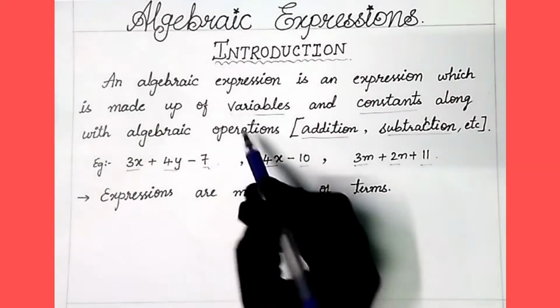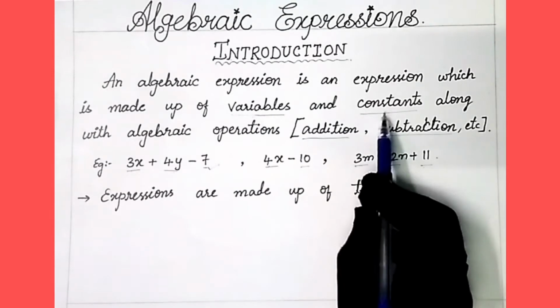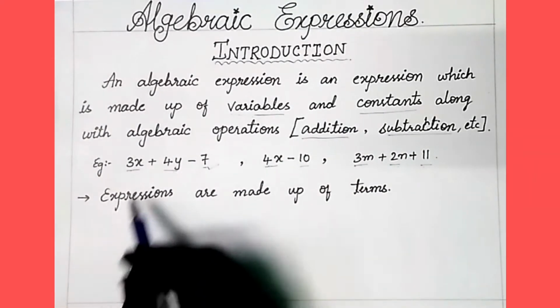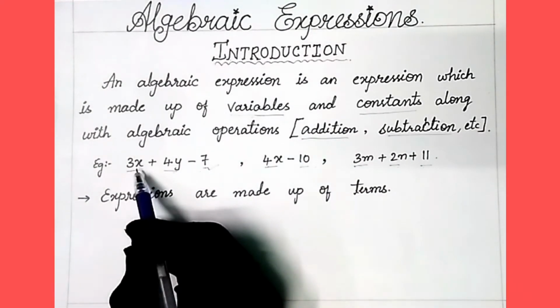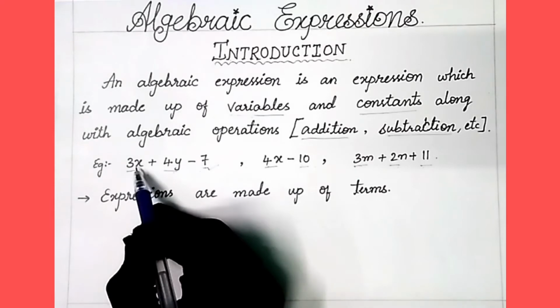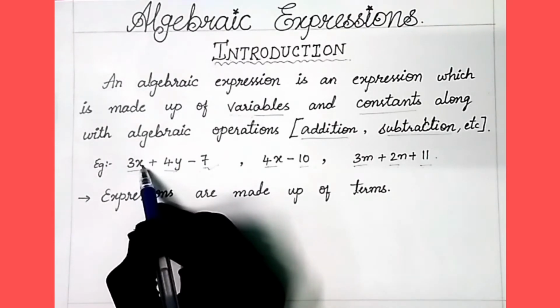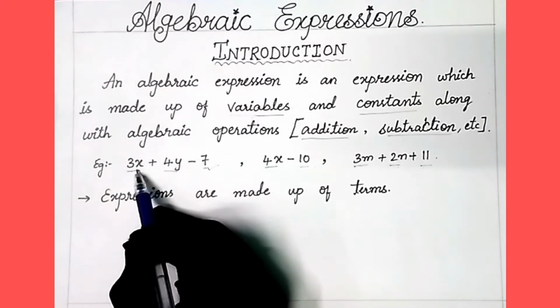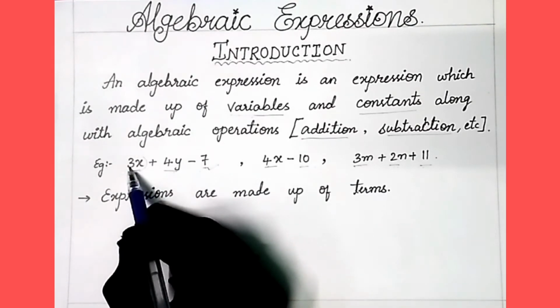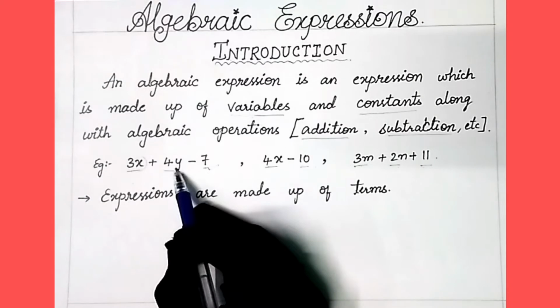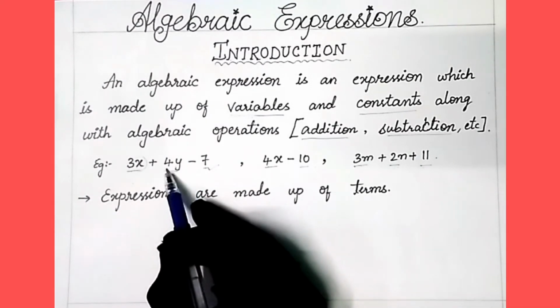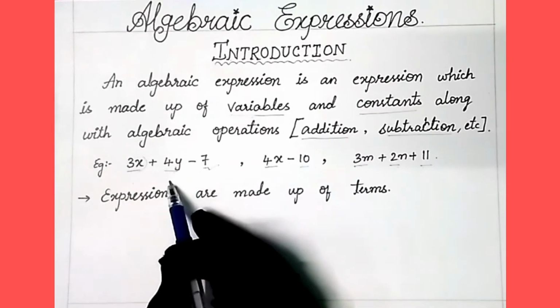Let me explain what variables and constants are. Variables are nothing but, if we do not know a particular number exactly, we represent it with a letter. Like here we have x. In 3x, x is a number which we multiply with 3 to get the number. Here we have y. y is a number which will be multiplied with 4 to get the number.